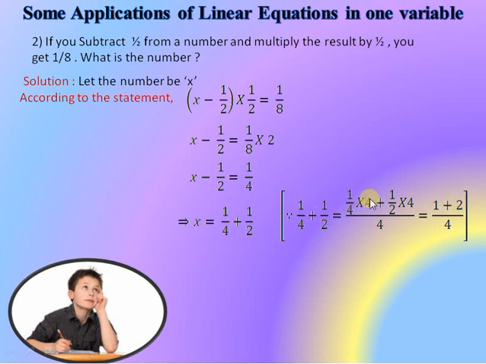Multiply with the LCM for the given two fractions. So here 4 gets cancelled, 4 ones are 4, that is 1. 2 ones are 2, 2 twos are 4 cancelled, 2 ones are 2. So 1 plus 2 divided by 4 is the simplified form of 1 by 4 plus 1 by 2.